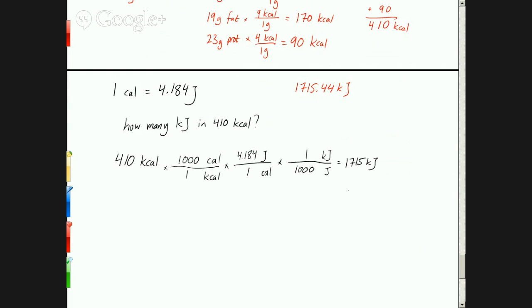If you notice here, we multiply by 1,000 and then we divide by 1,000. If you multiply by something and then divide by something, that's just like 1, right? So how could we have avoided that? How might we have noticed that that was going to just cancel itself out? Any idea? In the question itself.